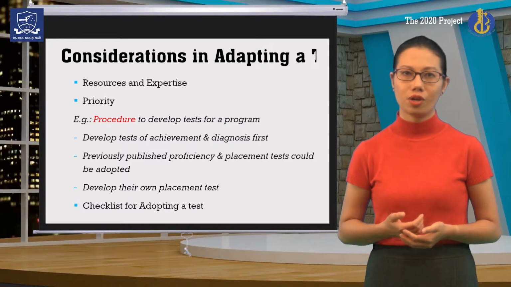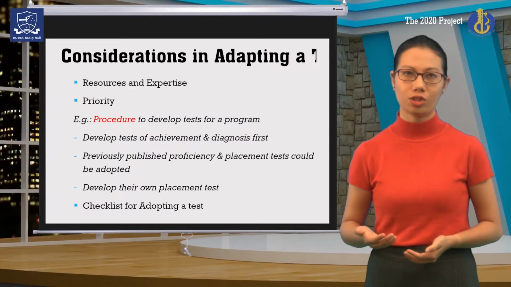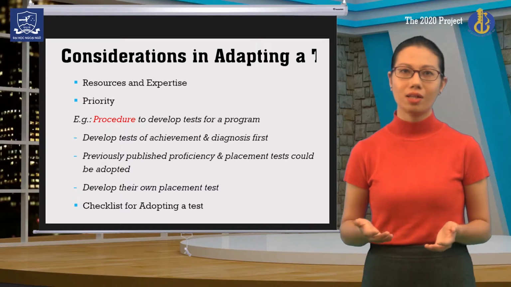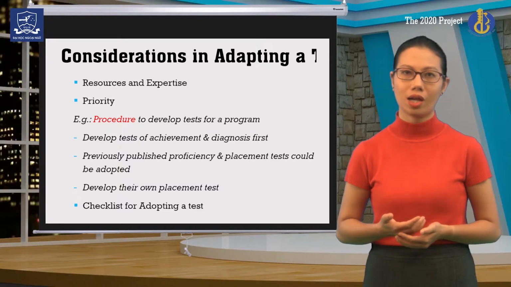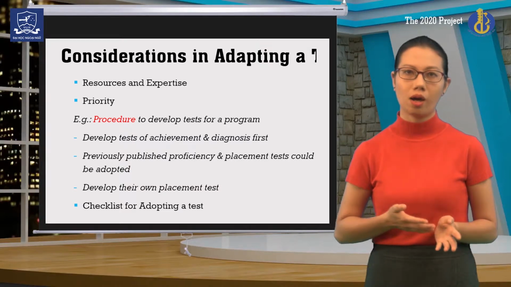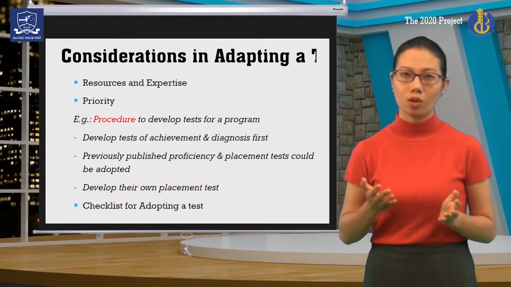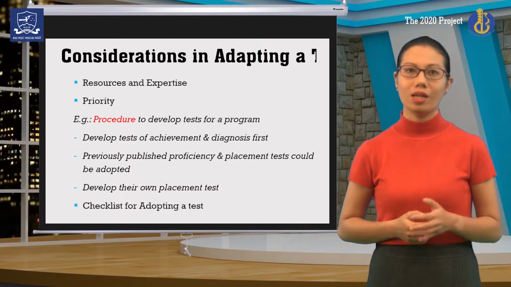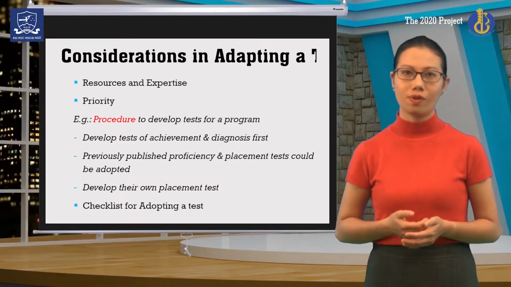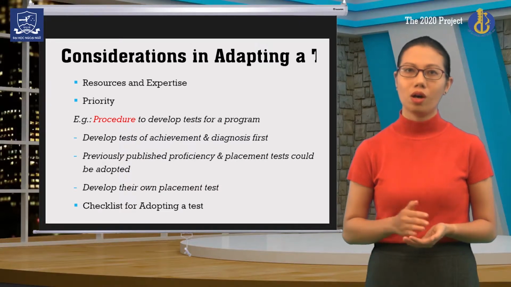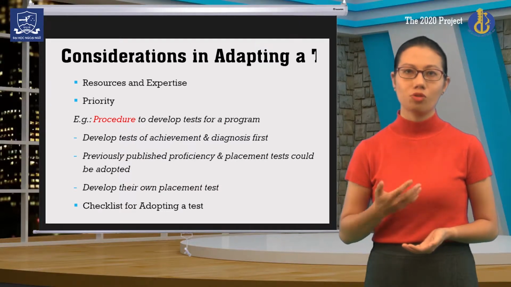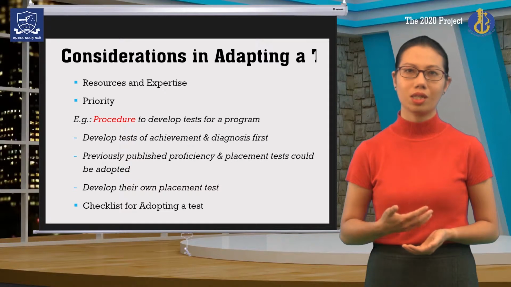However, because of their interprogrammatic nature, proficiency tests may necessarily always be adopted from outside sources so that comparisons between and among various institutions will make sense. Somewhere in the process of developing tests, teachers may want to stop and evaluate them on the basis of the checklist provided in the table for adopting a test.